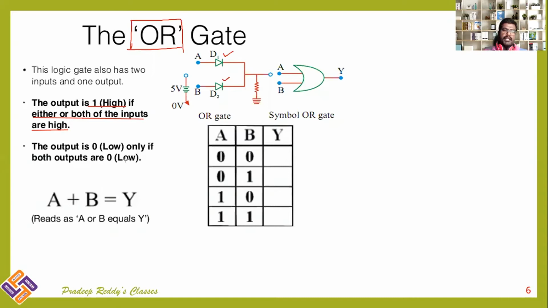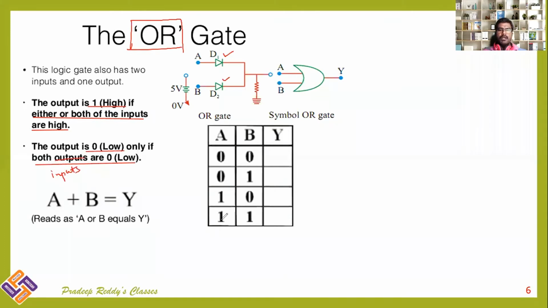If any one of the inputs is high, the output will be high. If both the inputs are high, the output will also be high. The output will be low only if both the inputs are low.